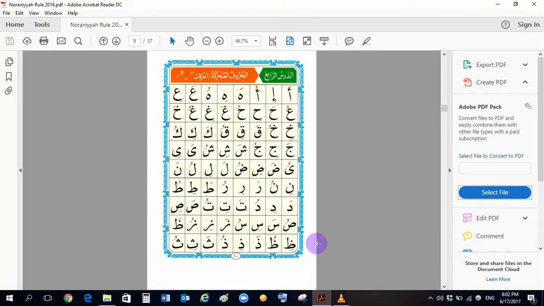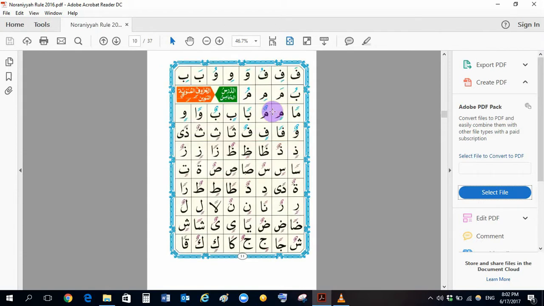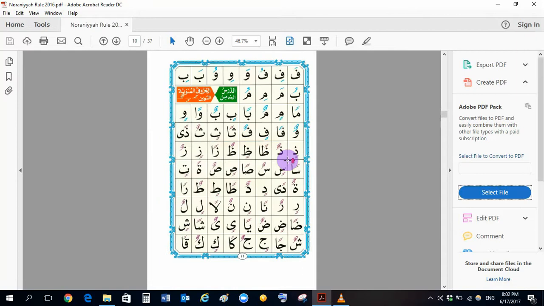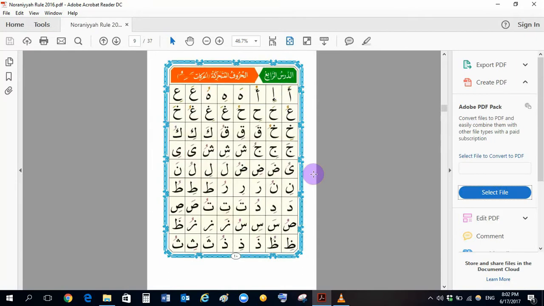Once the child is able to read the harakat without any mistakes, he will be able, inshallah, to read letters that contain only harakat, without those that have tanween, because tanween we will study later on.